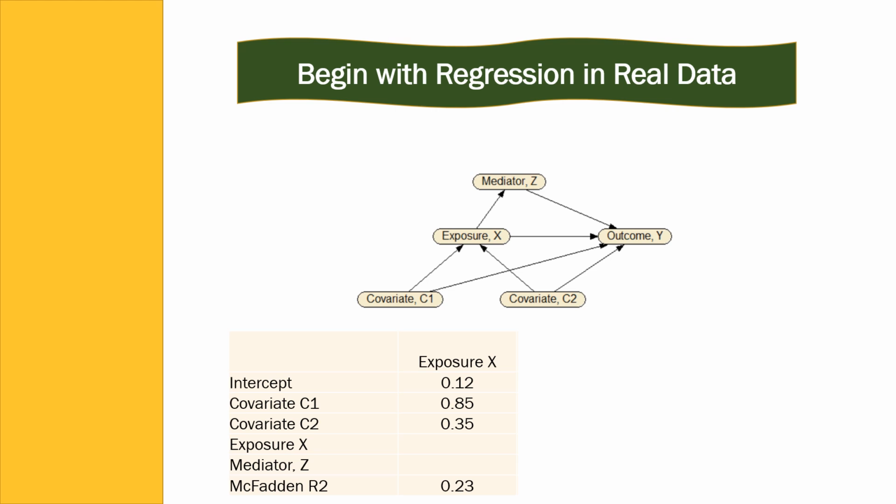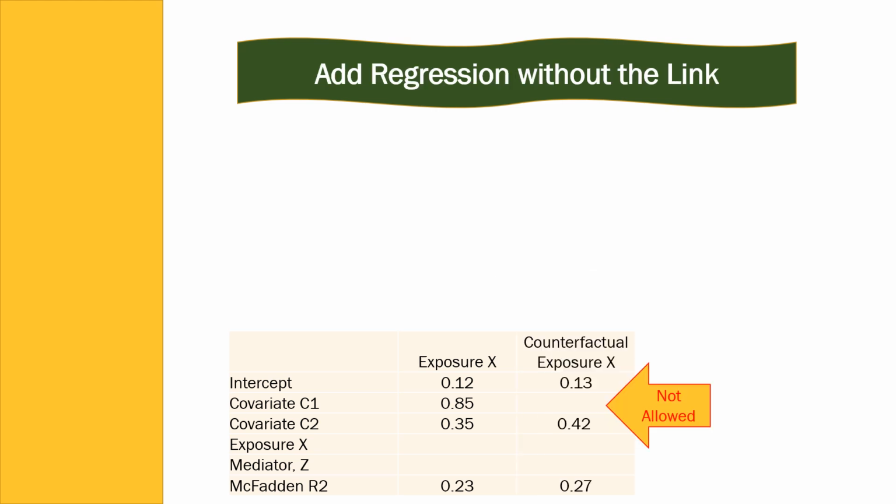Remember that exposure X in the real model was modeled through a regression in which the intercept, C1, and C2 were predictors of exposure X. But now we want a counterfactual model in which C1 is no longer allowed to be part of that regression. So we are removing the effect of C1.